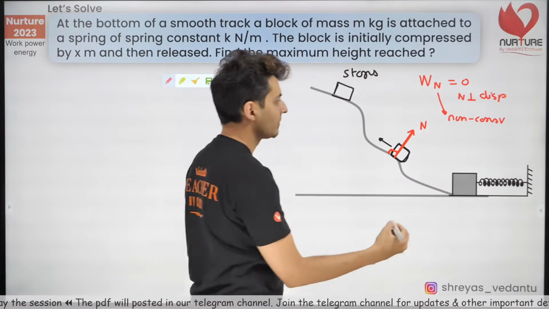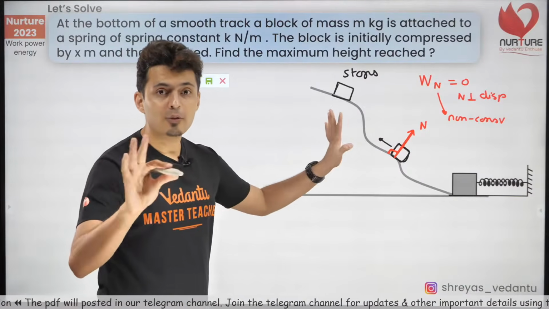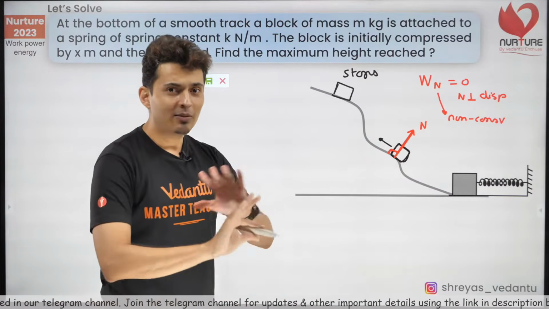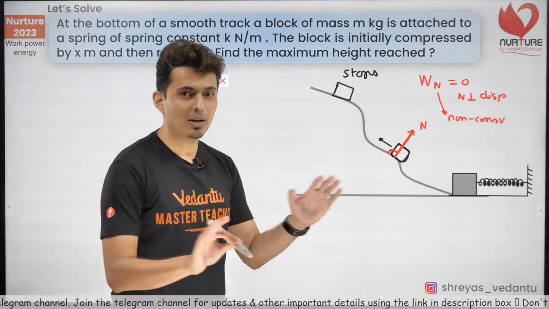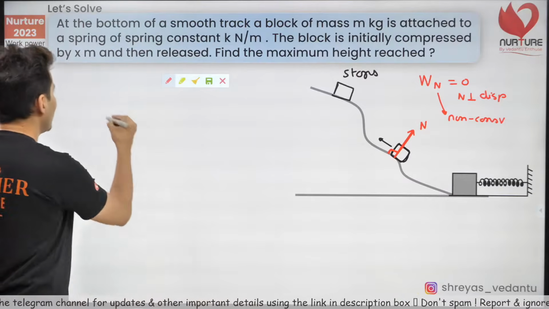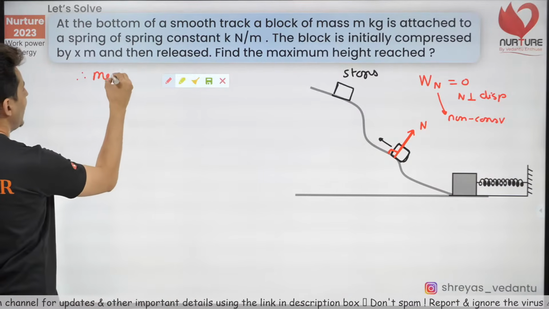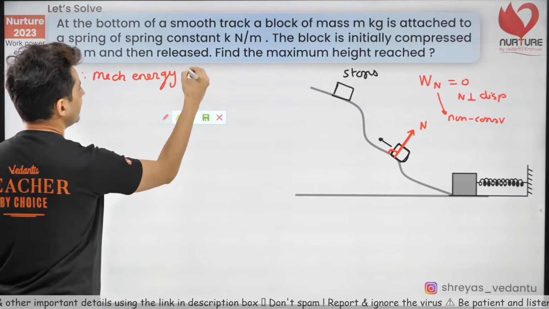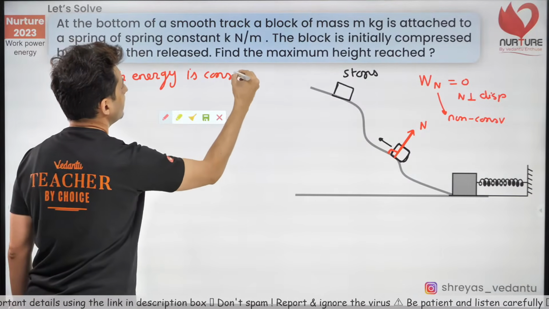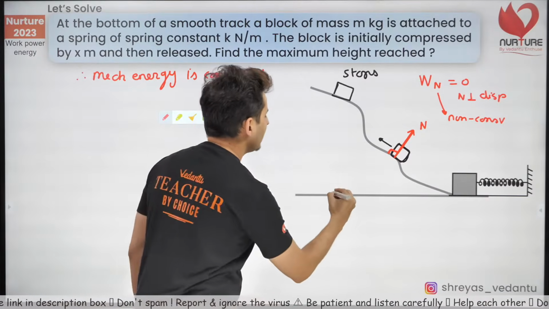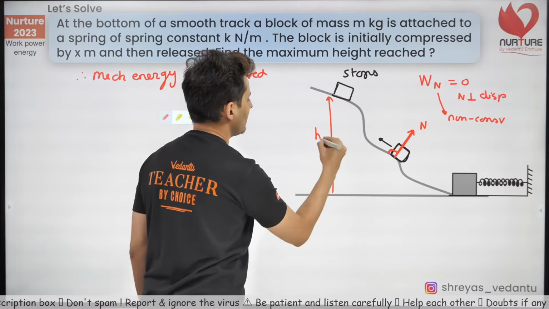So if normal is not doing work, only conservative forces are there. Therefore, mechanical energy is conserved.